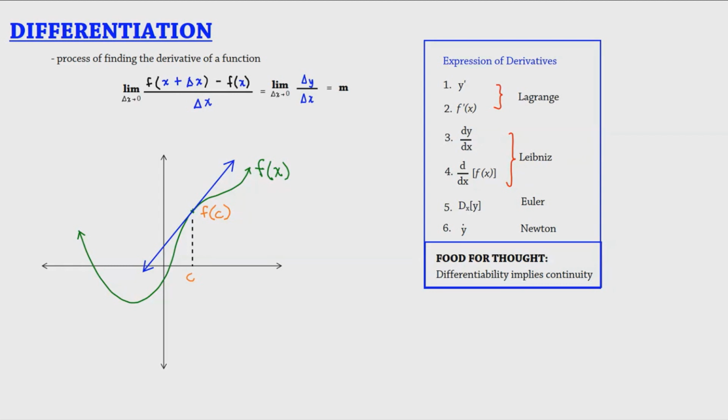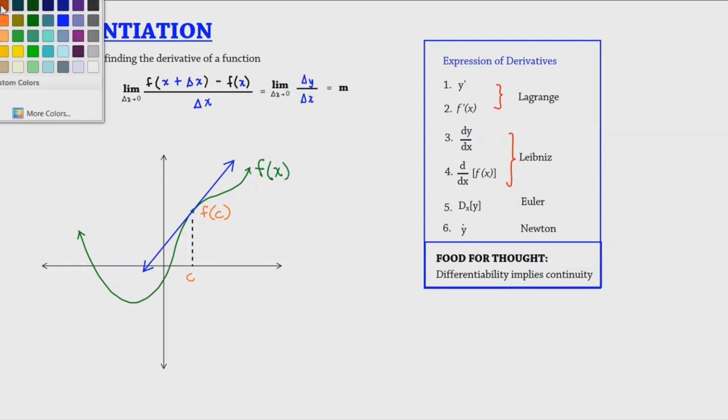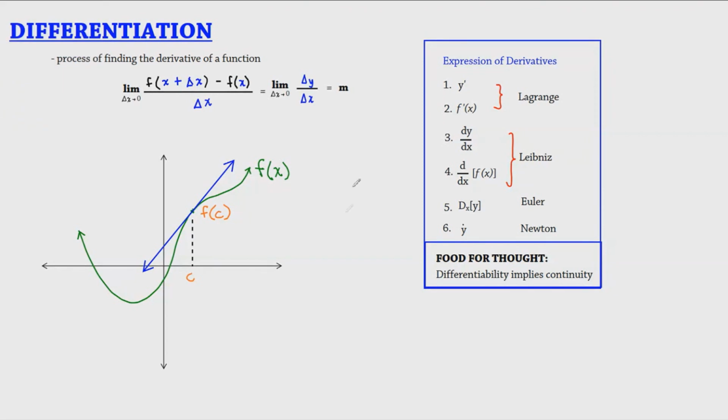Most of the time the derivatives are not a straight line, but if you have an equation of the second degree, then you'll be getting this straight line. But what I want to pinpoint is that since this is now the derivative of f of x, the value that you will obtain substituting c would be f prime of c, and f prime of c would give you the value of your slope, which is m.